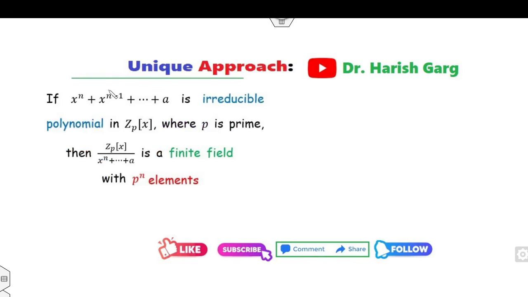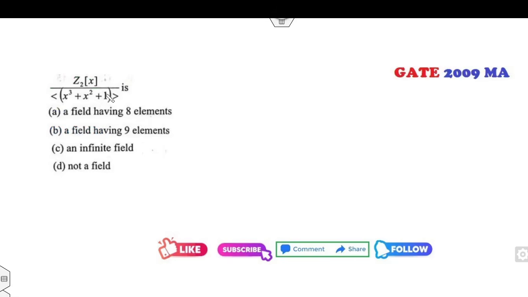Now, how can you solve this? Whenever you are talking about the field and how many elements there are, there are two things. First of all, you can say it is a field if you prove that this denominator part is irreducible.